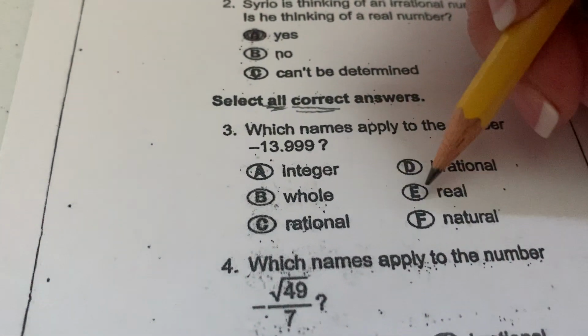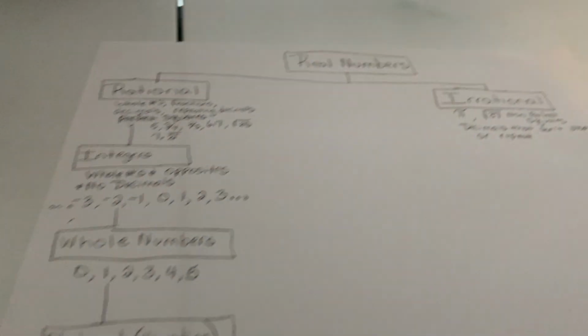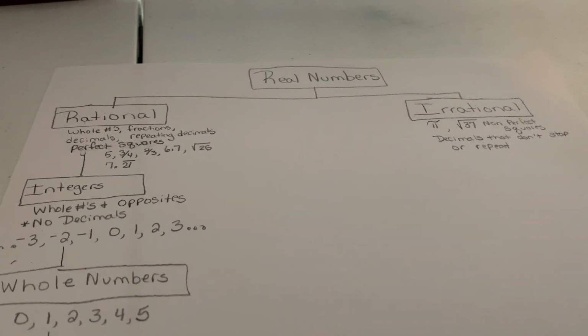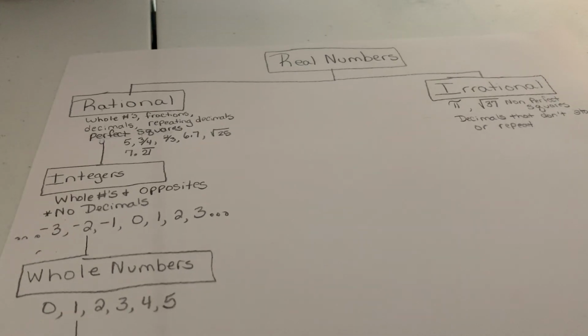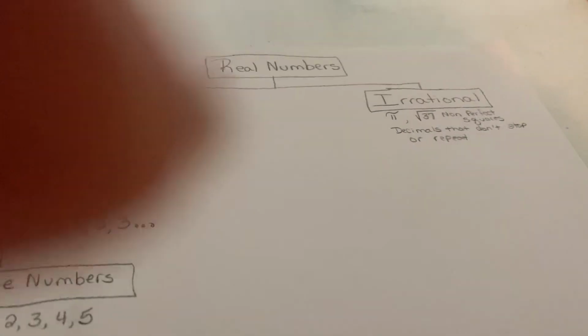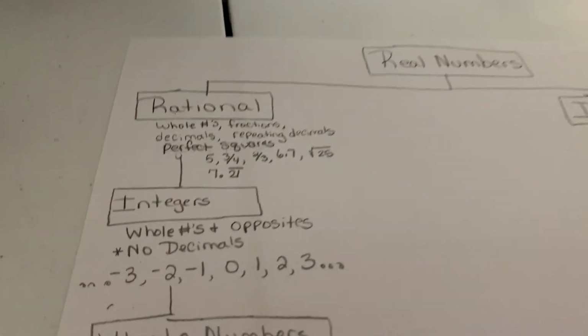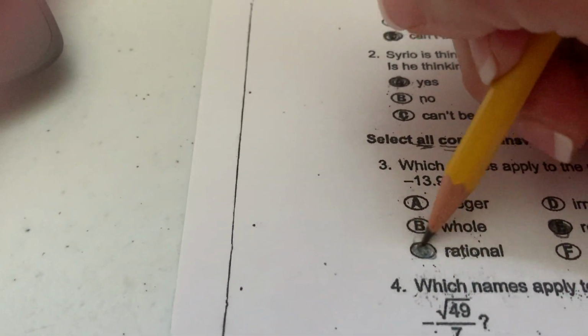So here is real. Now let's decide, is it rational or irrational? Well, negative 13.999, that 9 seems to be repeating, which makes me think it's a repeating decimal. Therefore, it's going to be rational.